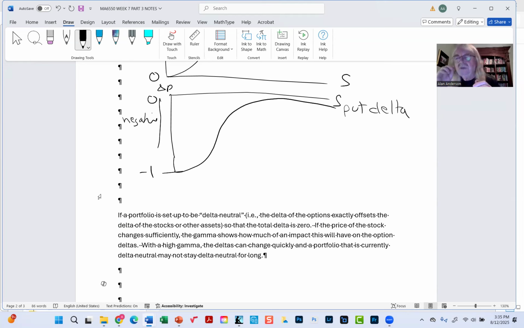But that's tricky to do. That requires us to solve simultaneous equations, and we have to find the exact right combination of options. But it can, in principle, be done. Normally a portfolio might be delta neutral, but the gamma is giving us a sense of how likely it is that we'll have to rebalance it.